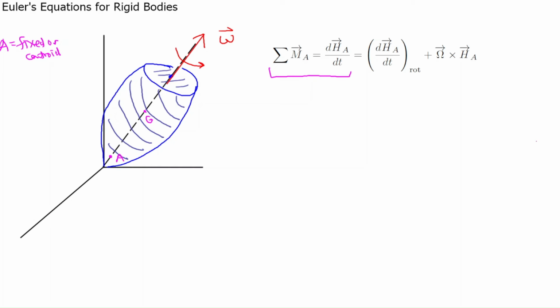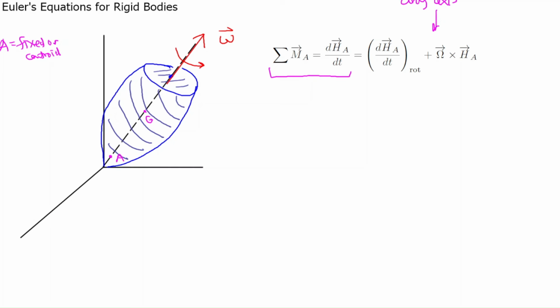Now if you have a rotating coordinate system, a rotating object, what we can do is separate out this normal time derivative, so-called, into the time derivative in this rotating frame plus omega cross the vector we're wanting to find the rate of change of. The capital omega can be any axis of rotation at any rate, but it's going to be convenient for us to take this omega to be the rate at which the object itself is rotating.